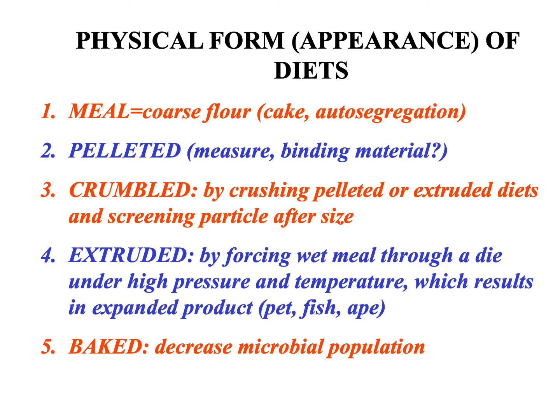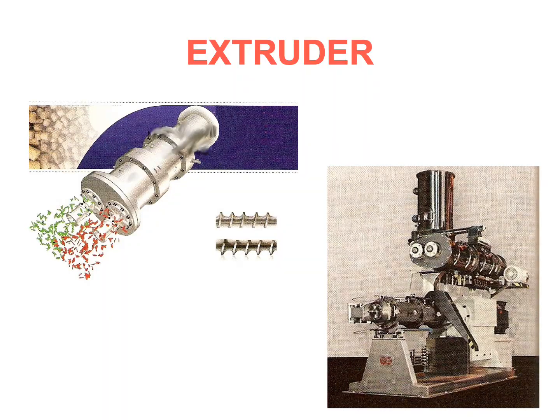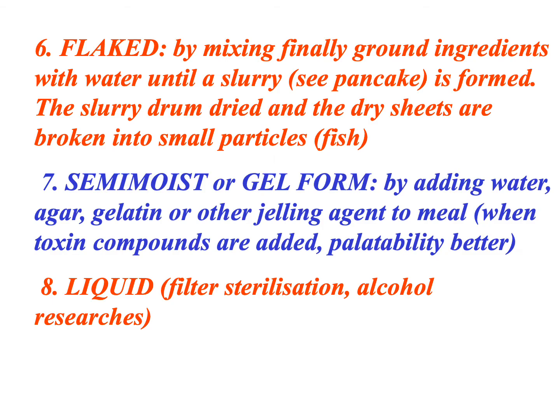Also for fish and ape. In the next slide you will see the picture of the extruder, but here you can see that the meal can be baked in a small laboratory use to decrease the microbial population. Here you can see the picture of the extruder, and we continue.